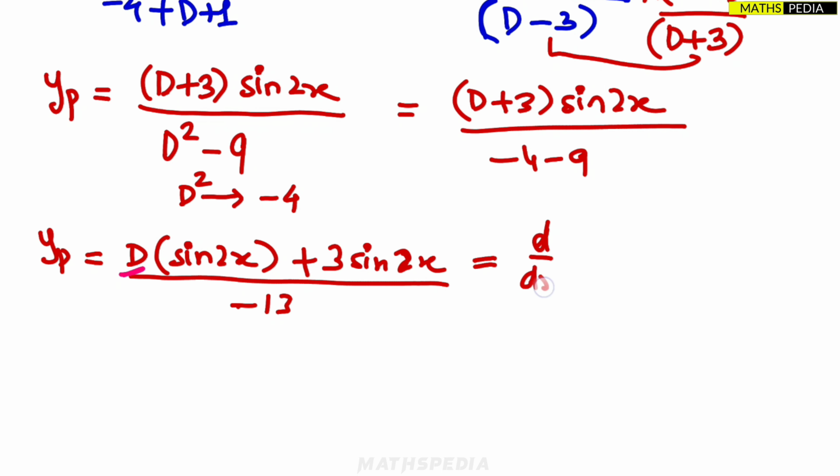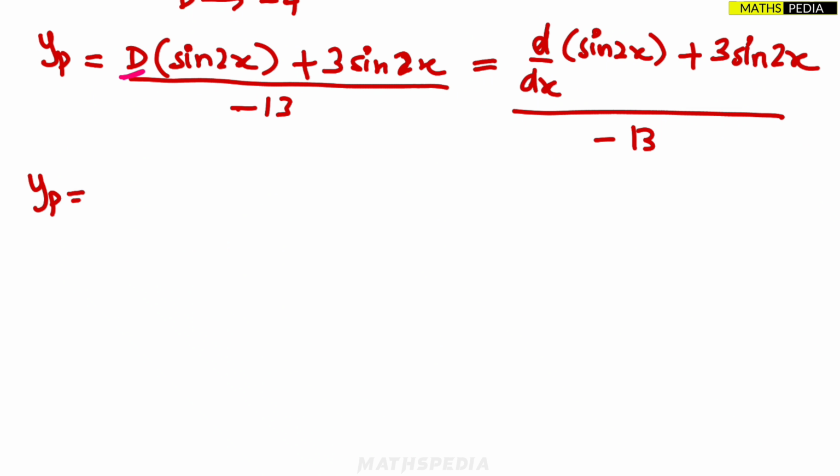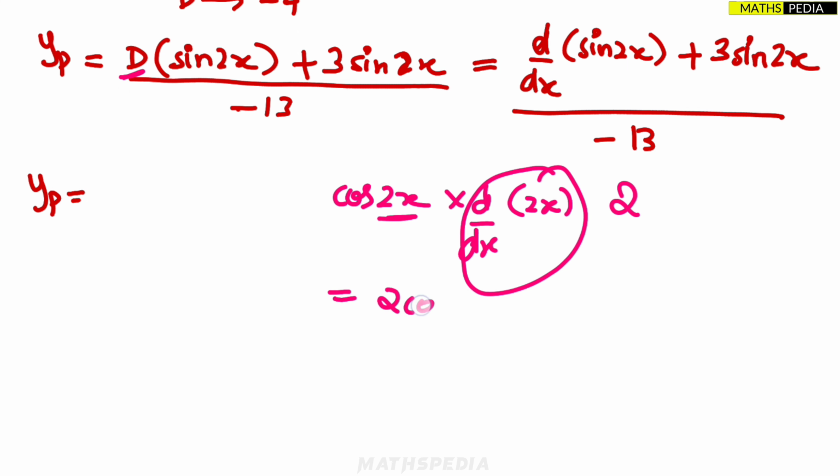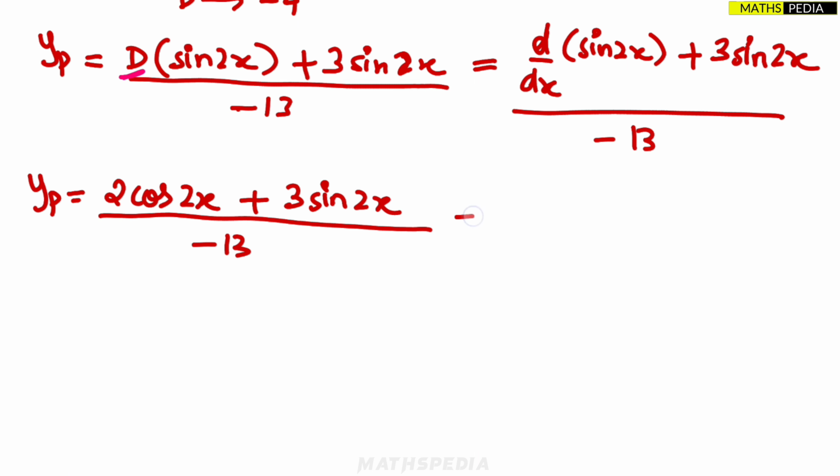D by dx of sine 2x plus 3 sine 2x divided by minus 13. So yp will become: sine 2x differentiation is cos, into differentiation of 2x, which is 2, so it will become 2 cos 2x plus 3 sine 2x over minus 13.